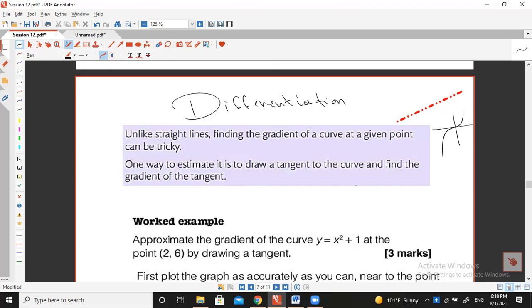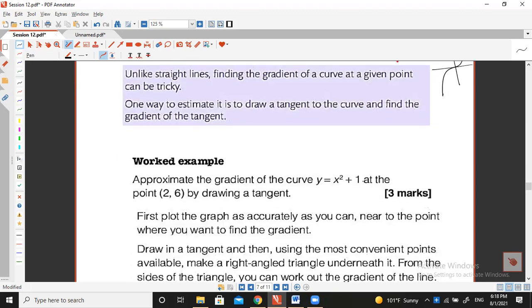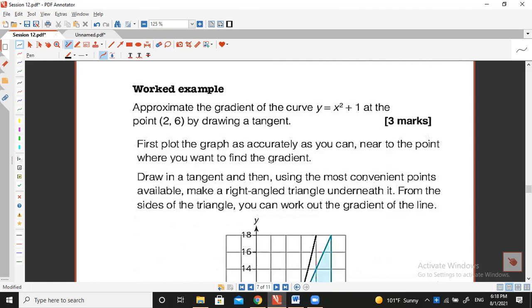Let's take an example to understand. Salah, could you read this? Okay. Approximate the gradient of the curve y equals x power 2 plus 1 at point (2, 6) by drawing a tangent.